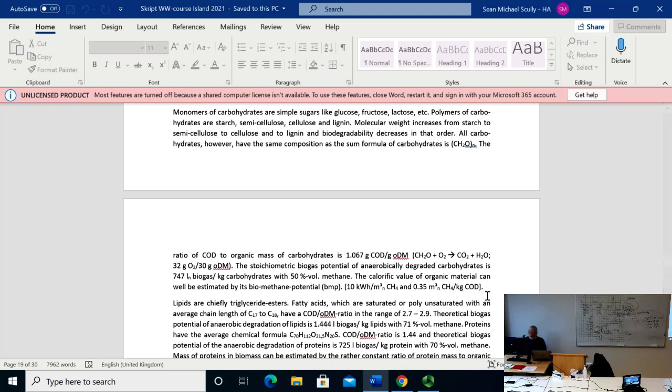Now, this is very simple because the COD of methane is 2 molecules of oxygen, because if you incinerate CH4, you get CO2 and water.